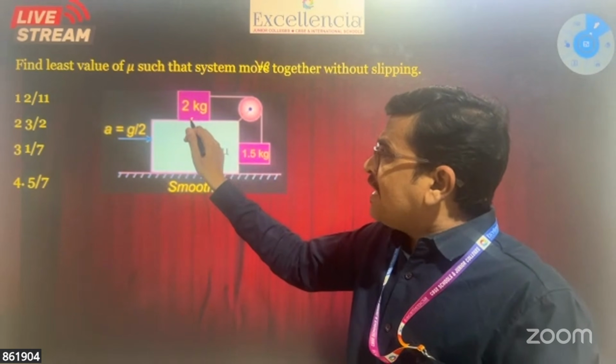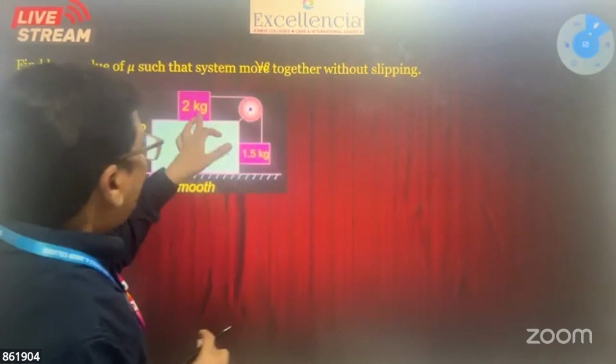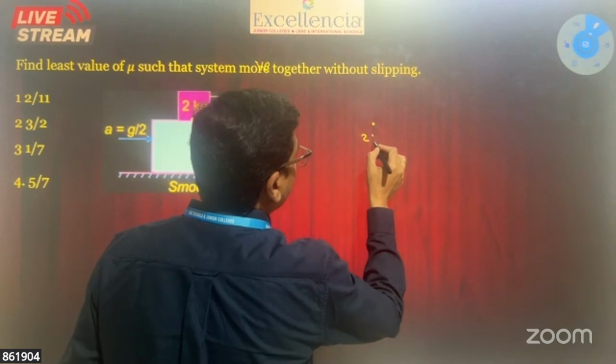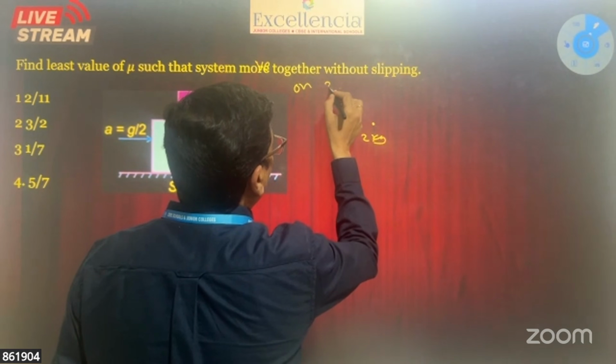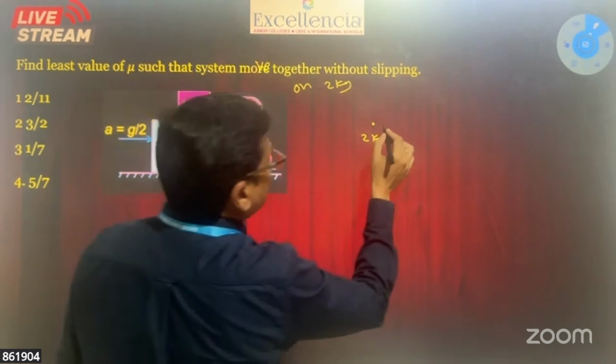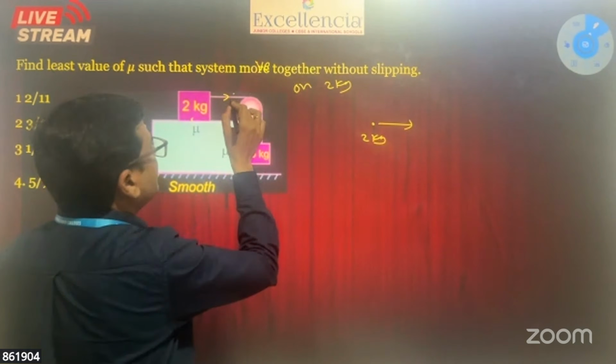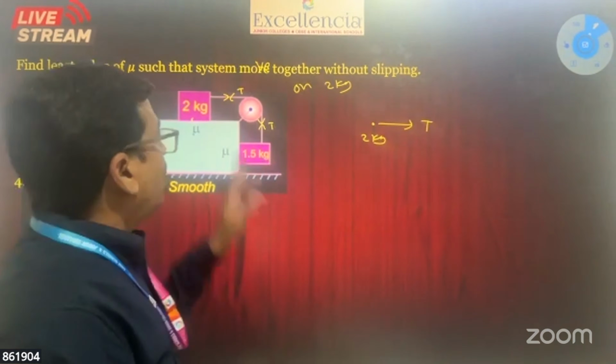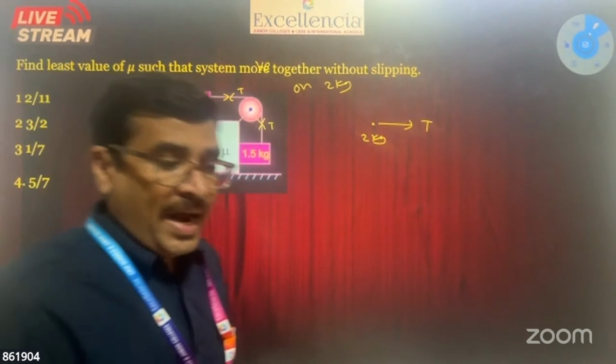Now, the required condition is on 2 kg. The mass 2 kg must not slip. So I'll take the free body diagram for 2 kg first. Where are the forces acting on 2 kg? On the 2 kg mass, let us take the tension T. That tension acts this side, and the tendency because of this tension is for the block to move forward, that is towards right.